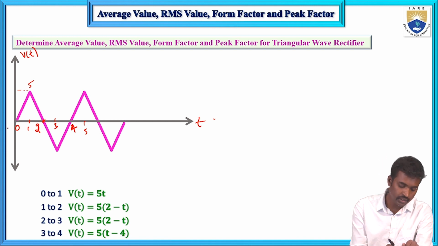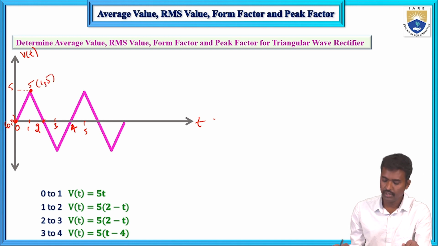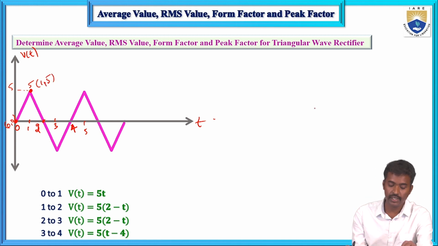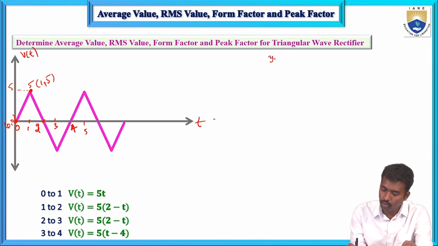Now this point is 0 comma 0, and this point is 1 comma 5. This is the maximum value 5. Here we know the straight line equation: y2 minus y1 divided by x2 minus x1 equals y minus y1 divided by x minus x1.